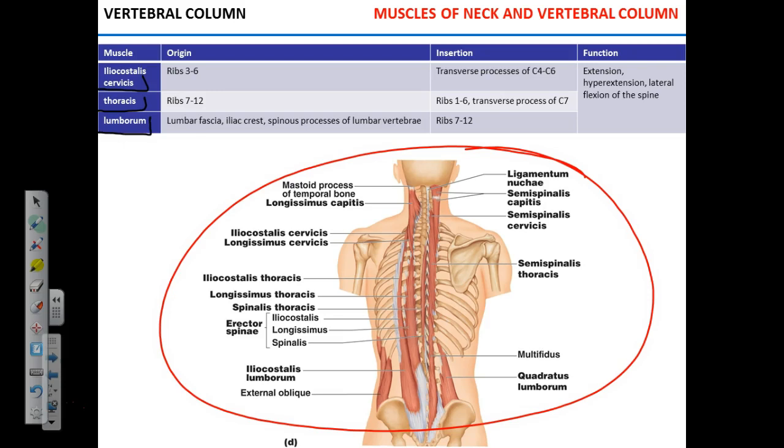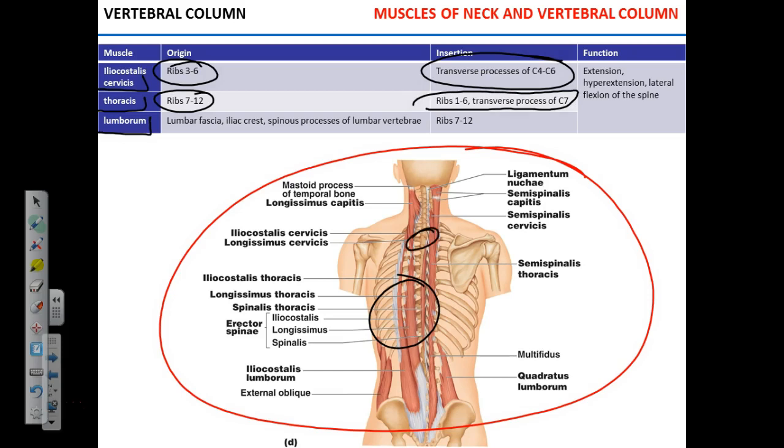Cervicis, which is neck, okay? Insertion is cervical vertebrae. The origin are the upper ribs. Thoracis, origin is lower ribs, and insertion, transverse process of C7 vertebrae, somewhere like here. And lumborum is the iliac crest right here and the lumbar fascia. You can see lumbar fascia on this dude right here. The insertion, the lower ribs.